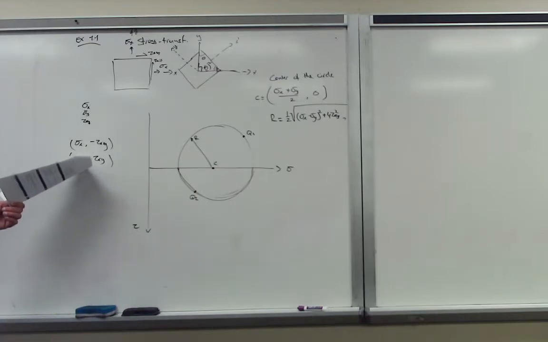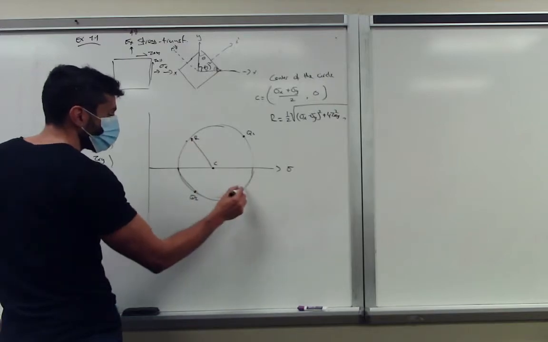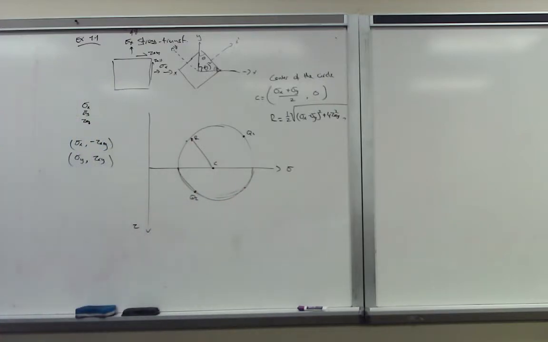Oh, this one. It doesn't really matter, because instead of these two points, you would get these two points if you plug it in. It will still lie on the circle, as long as it's basically opposite. So for one, you use sigma x, sigma y, and then tau x y.